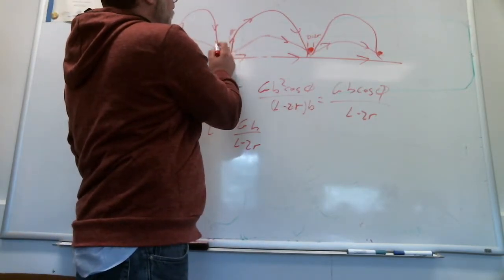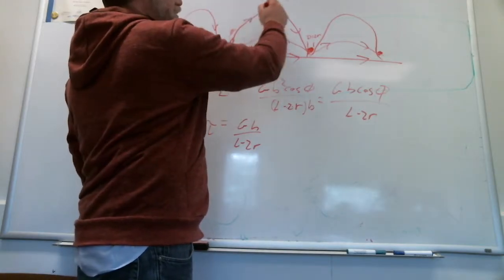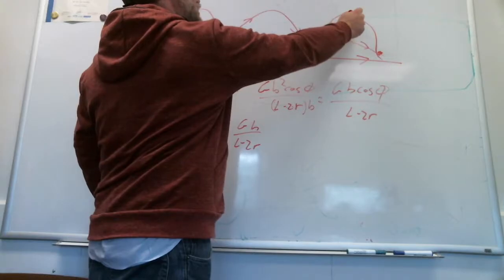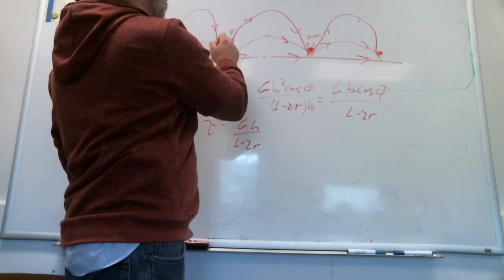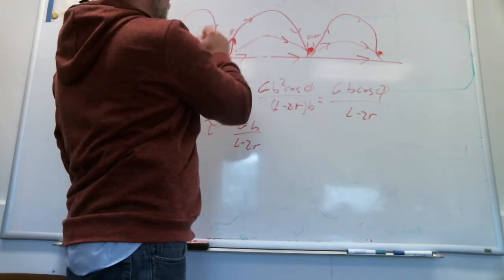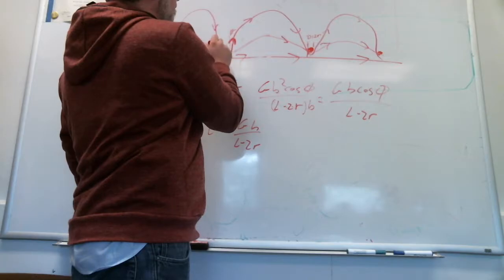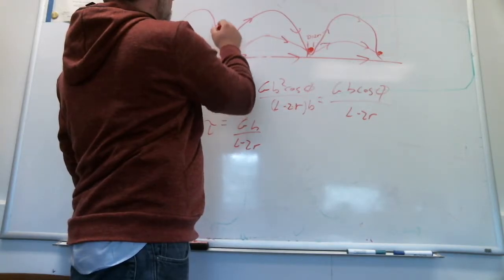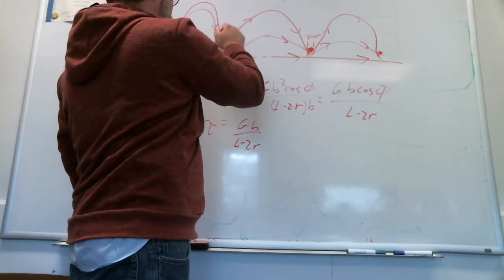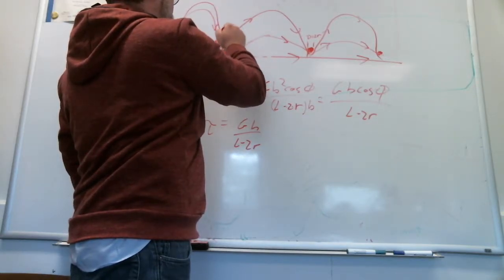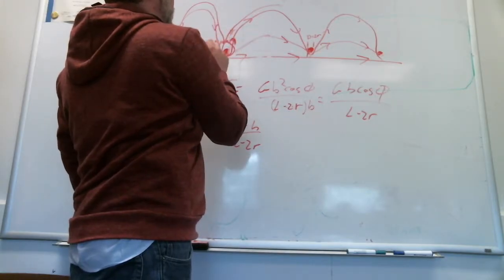And at this point, notice the sense is the same across the whole dislocation line, but locally here, we've got an arrow pointing down and an arrow pointing up. So these two regions are now attracted to each other. So they'll meet and annihilate.